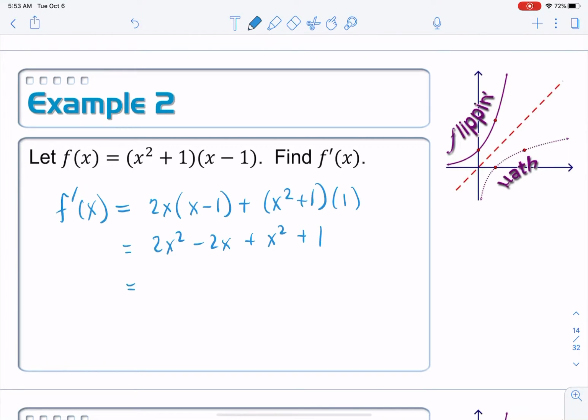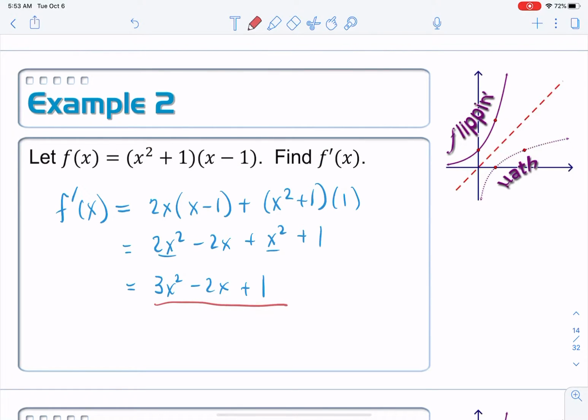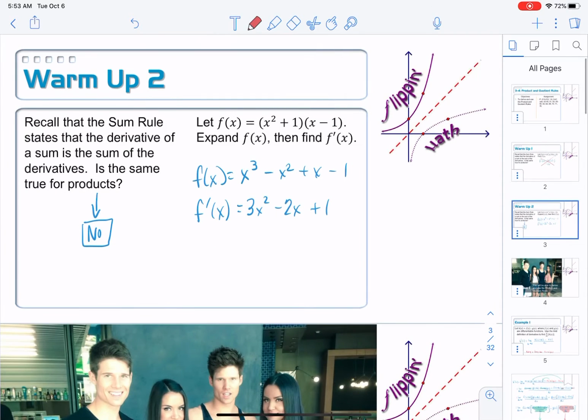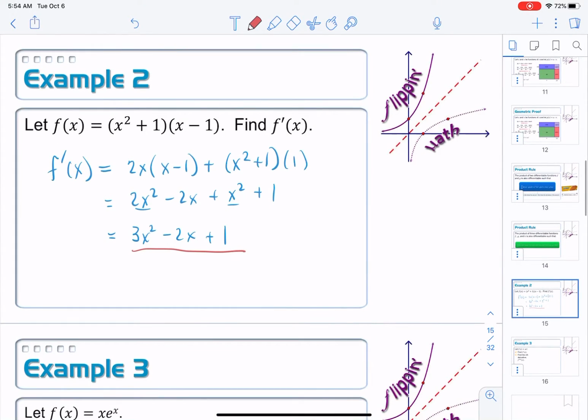Combine our like terms. 3x squared minus 2x plus 1. Is that what we got before? Well, here, let me just scroll back here a little bit, and boom, 3x squared minus 2x plus 1. Product rule? It seems to work. Well, what do you know?